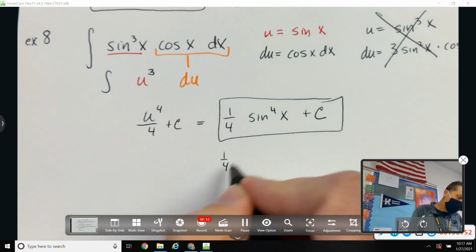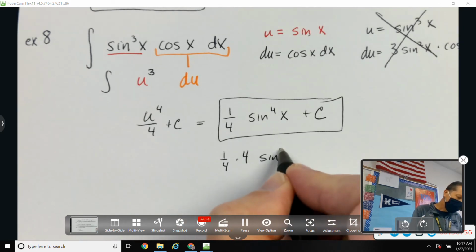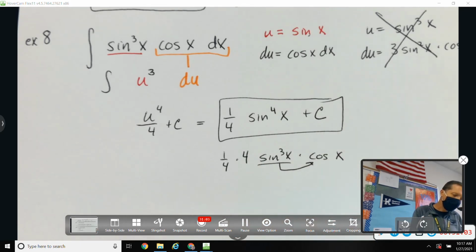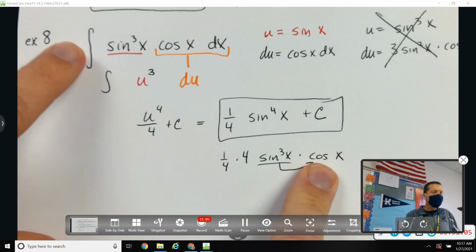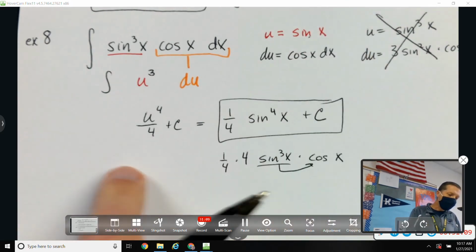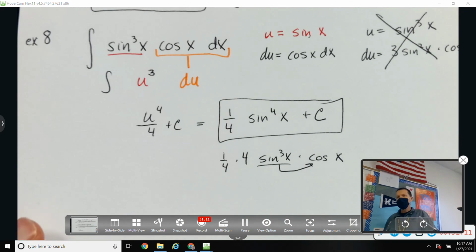Let's see, that'd be 4 times sine cubed of x, because we decreased the power by 1, and then chain rule would be times cosine of x. And yeah, that's what we started with. So u substitution allows you to handle the chain rule, to go backwards on the chain rule.